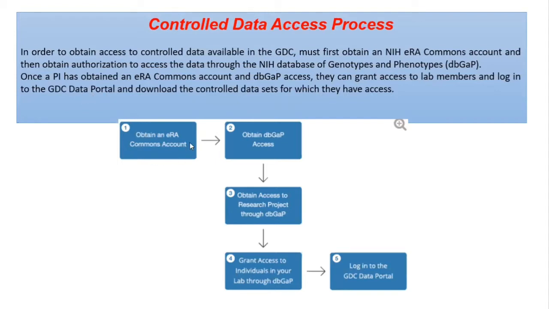So how does the data transfer tool with respect to controlled access data work? This is the flow. After getting the common account with respect to your access, you have to obtain this particular account by using the database of Genotypes and Phenotypes, or from eRA Commons accounts. It grants access to all the individuals who have been registered and created their account.